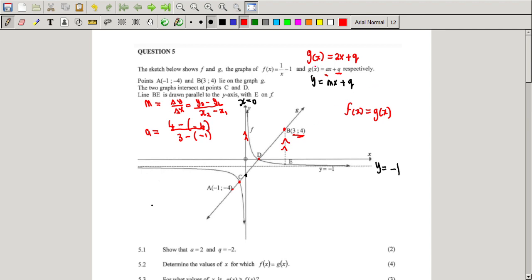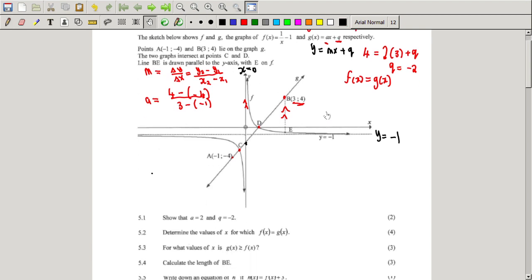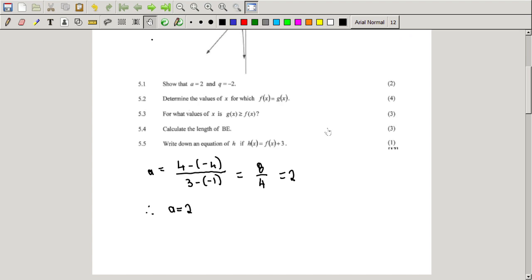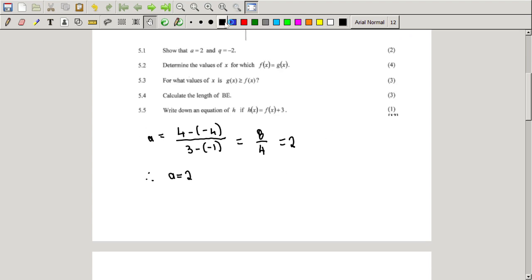In the place of y I put 4, and in the place of x I put 3. We have y is equal to 2x plus q.